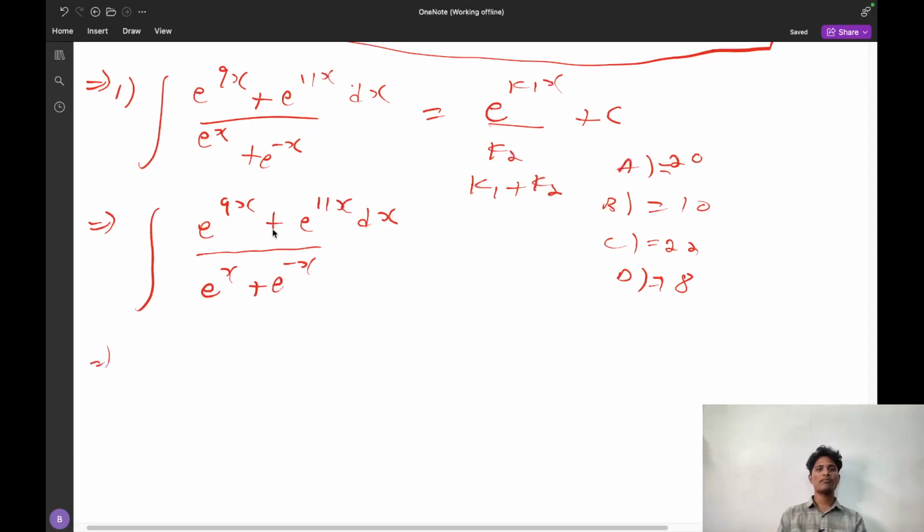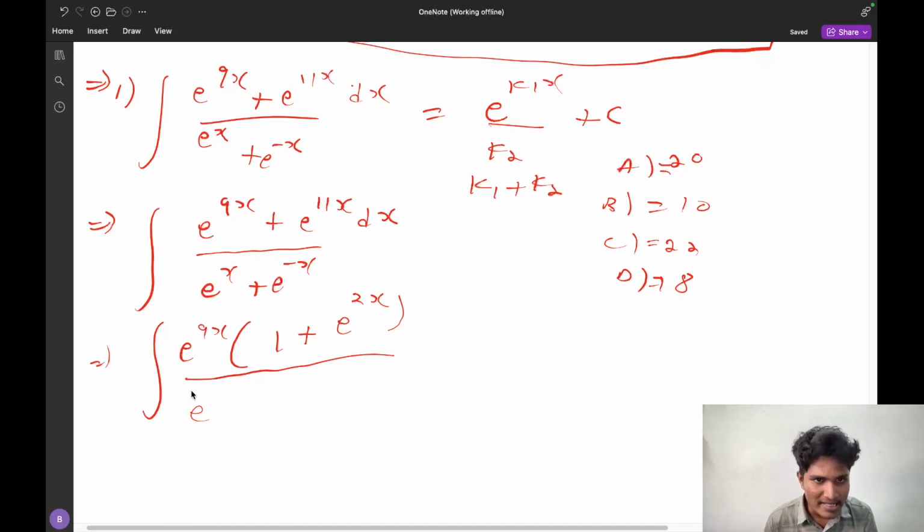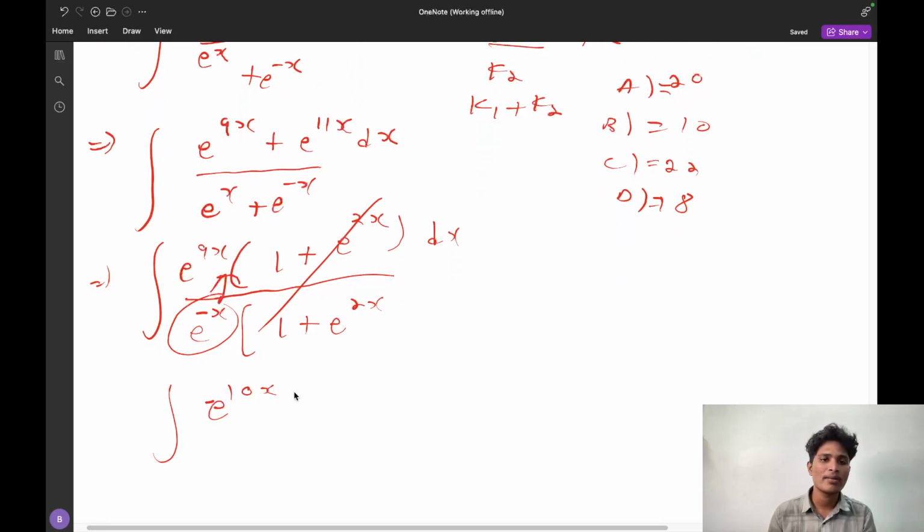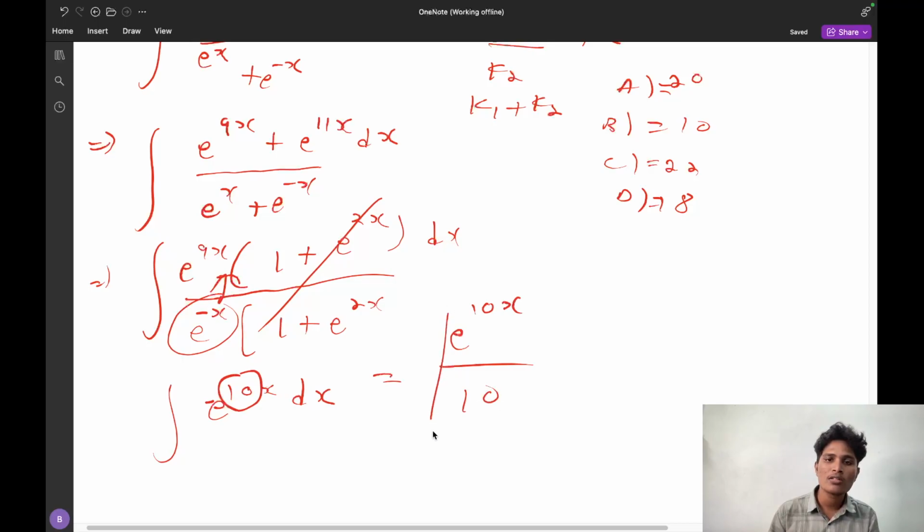If you observe carefully, I can take e^(9x) common, so I get (1 + e^(2x)) in the numerator. In the denominator, I take e^(-x) common, and I get 1 + e^(2x). This entire thing will be cancelled, and the power goes above, giving e^(10x) dx. The integration of e^(10x) dx is e^(10x) divided by 10. So finally we got the answer.